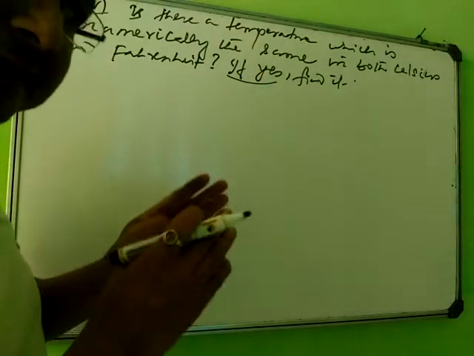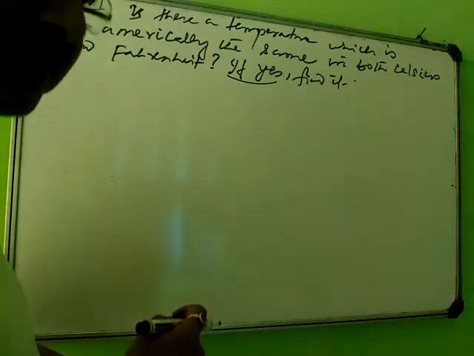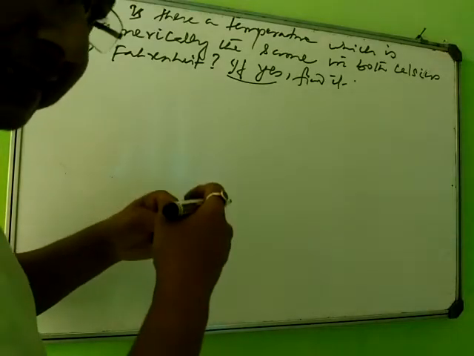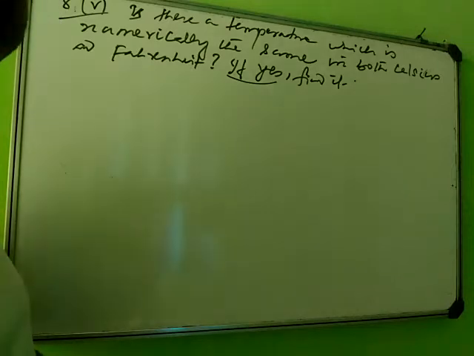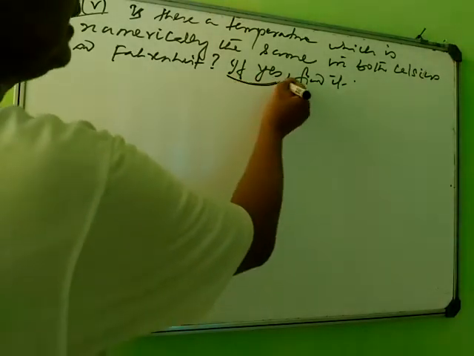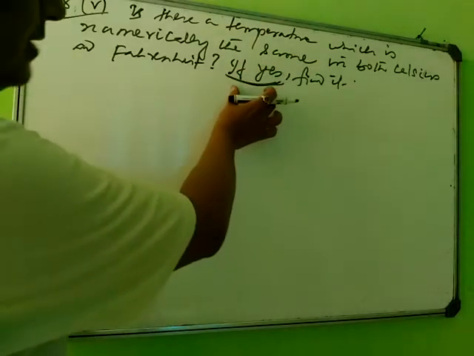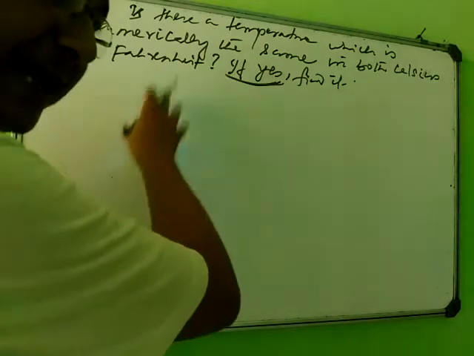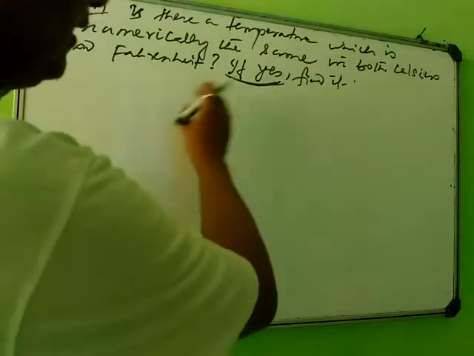So there is a temperature that will be same in both the Celsius as well as in the Fahrenheit. We will take that same value for the Celsius as well as for the Fahrenheit, let it be taken as x.